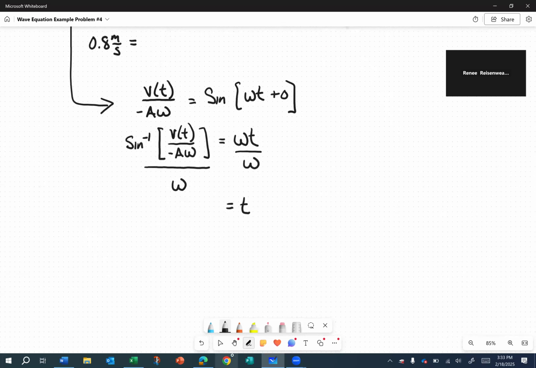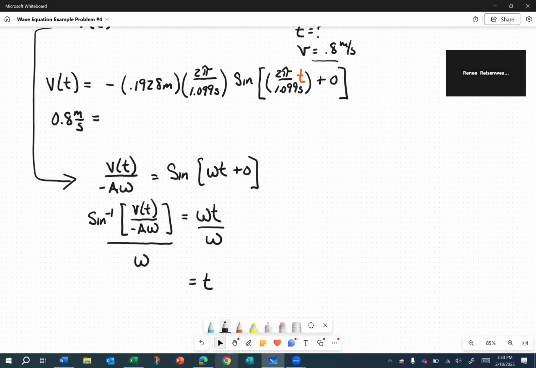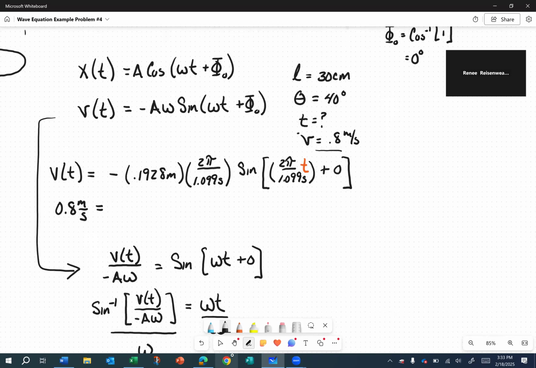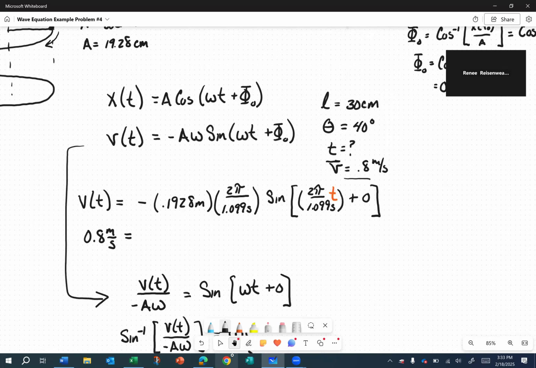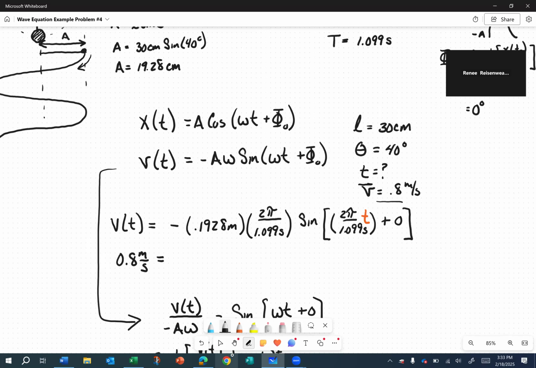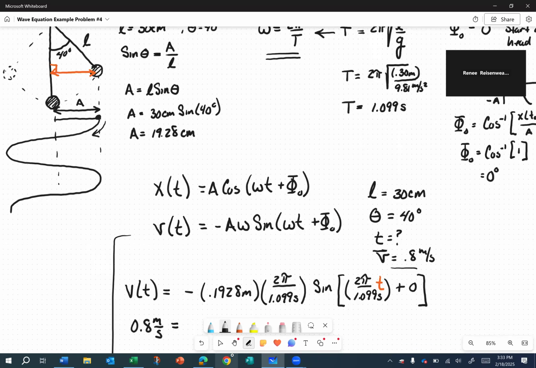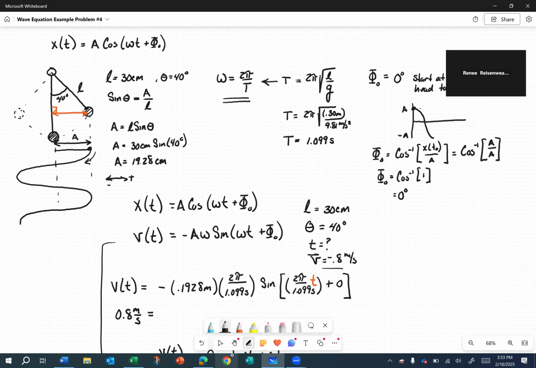So plugging in our values. The one thing I want to point out that we didn't take a look at is this is a velocity, right, which is a vector quantity. So if I come up here, I'm going to take things going to the right to be positive, left negative. So I am going to write that as a negative velocity because it is going to be going to the left compared to the height of my amplitude.